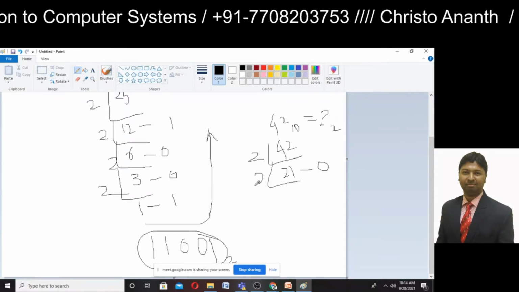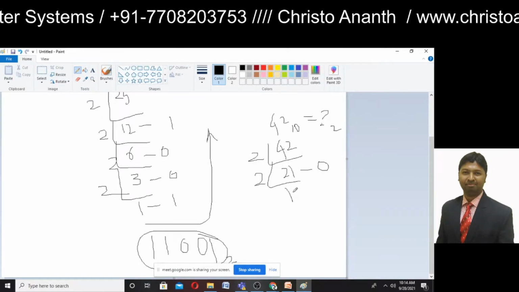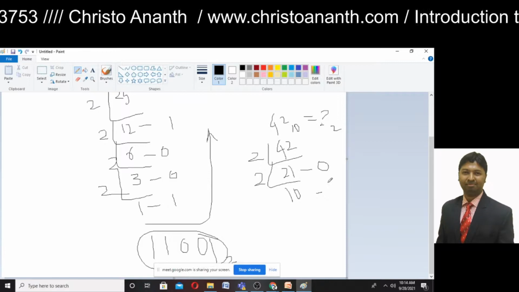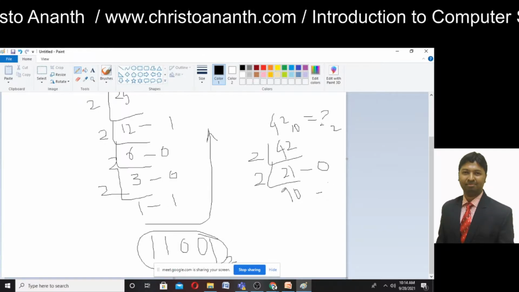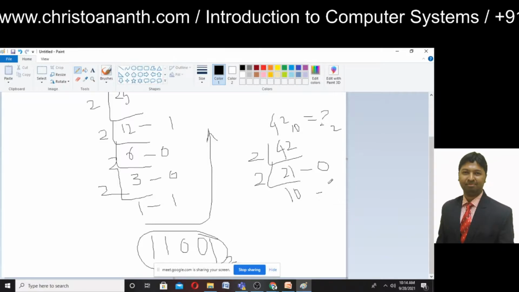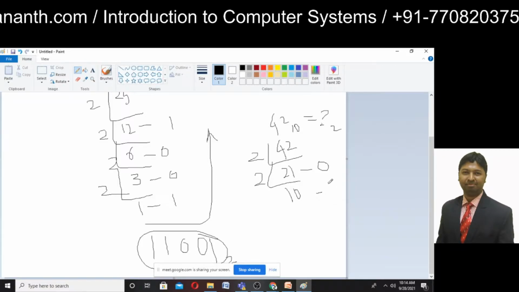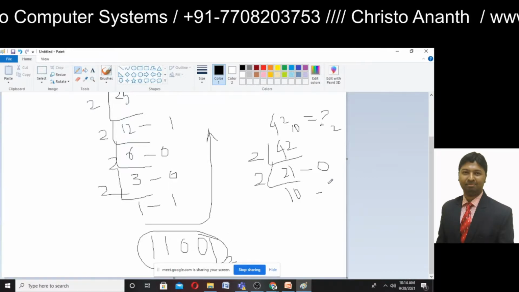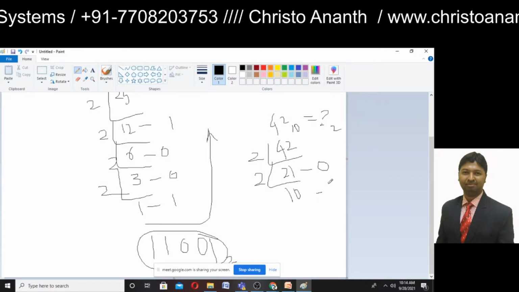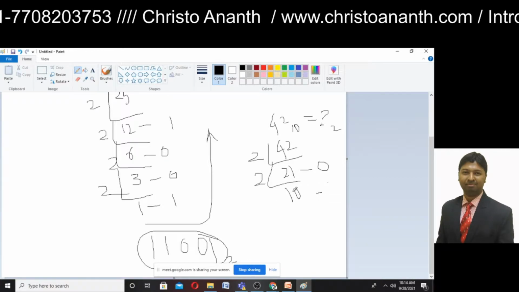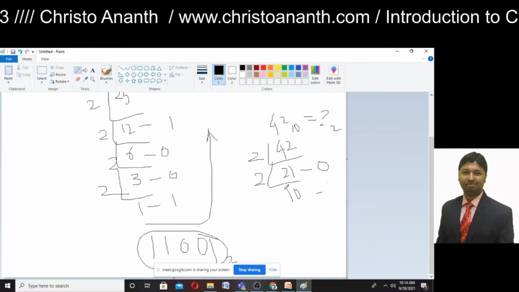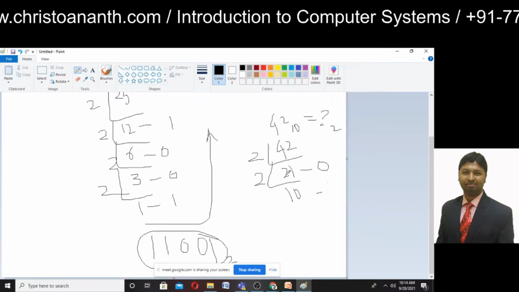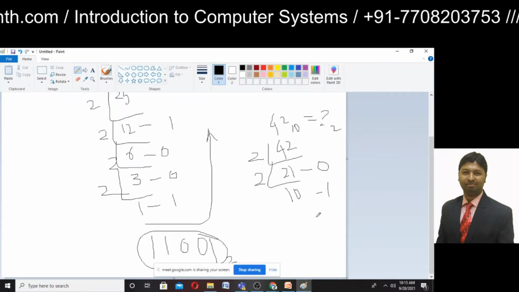Then 21 divided by 2 is 10. 2 tens are 20, and here there is 21, so the remainder is 1.